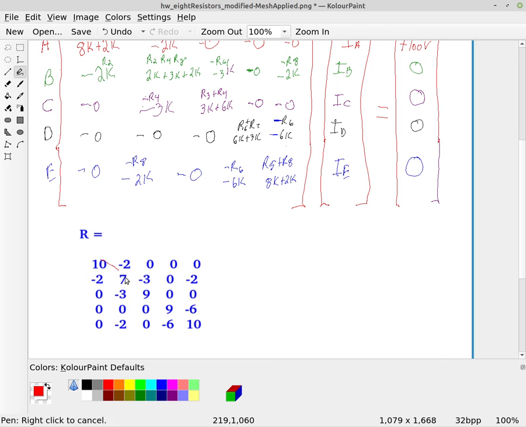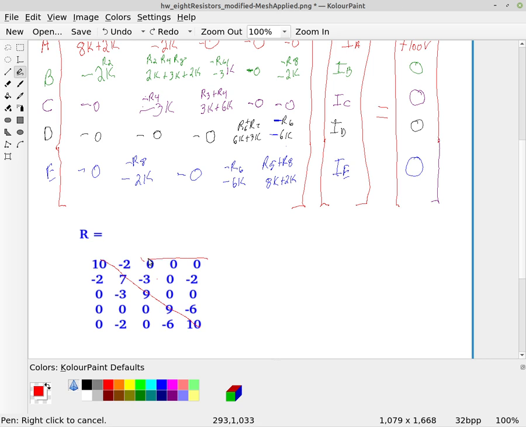So here's the diagonal. Now, you know, the diagonal is whatever the diagonal may be, but notice here we have the minus 2's, and then we have the minus 3's, and then we have 0's, and then 0's and minus 2's further out, and then we have the 0's, and then we have the minus 6's.